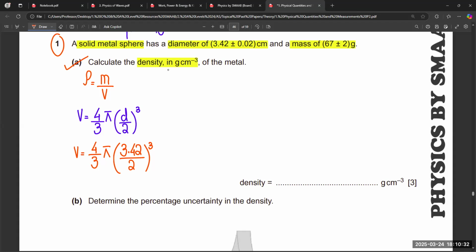The final answer is 20.94, or rounded, 20.95 centimeter cube. And density is equal to mass, which is 67, divided by 20.95.